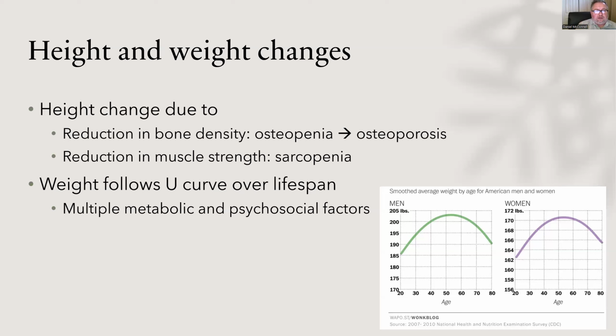What's also relevant here is that we also lose muscle fibers as we get older. This is called sarcopenia. And with that decline in muscle fibers, we have a decline in muscle strength, and that's going to affect our posture as well. So again, because of that change of our posture, our total standing height will be reduced a bit.